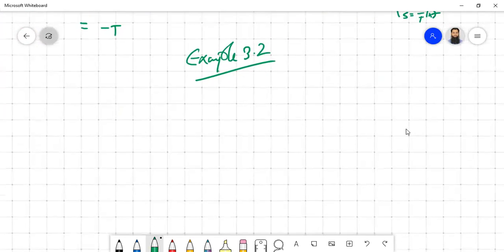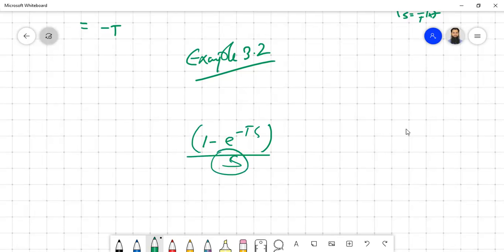So the next thing that we can do is, sometimes in some problems we see that (1 minus e to the power minus Ts) by s is actually multiplied with some factor. So if we can easily replace this thing with something. Eventually s is not replaced, rather 1 minus e to the power minus Ts is replaced by 1 minus z inverse.